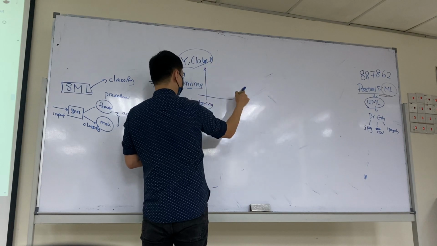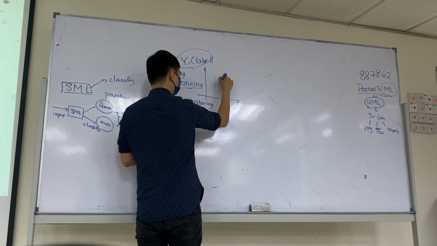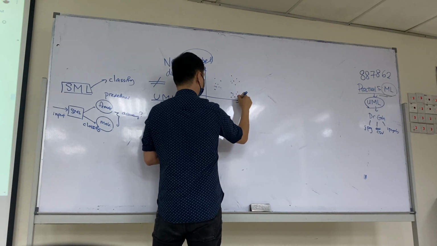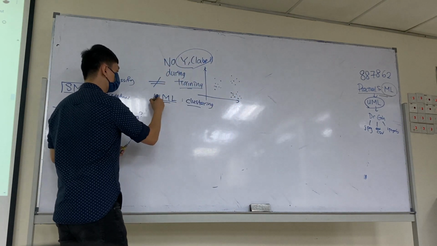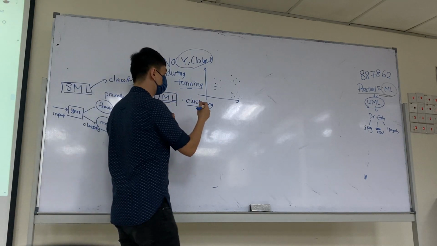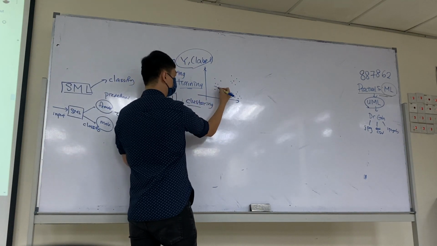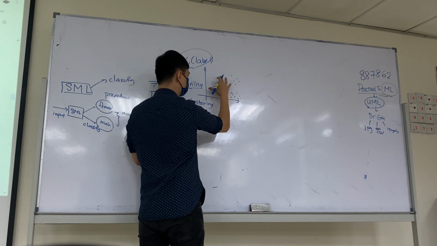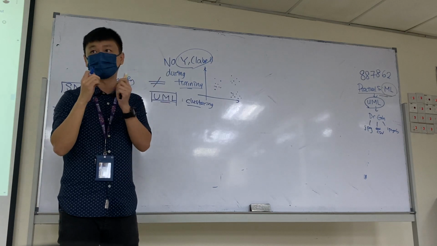So let's say now you have this data set here. If you apply unsupervised machine learning, it will start to analyze the relationship between this point and this point, between this and this, and the relationship between each data point and another.